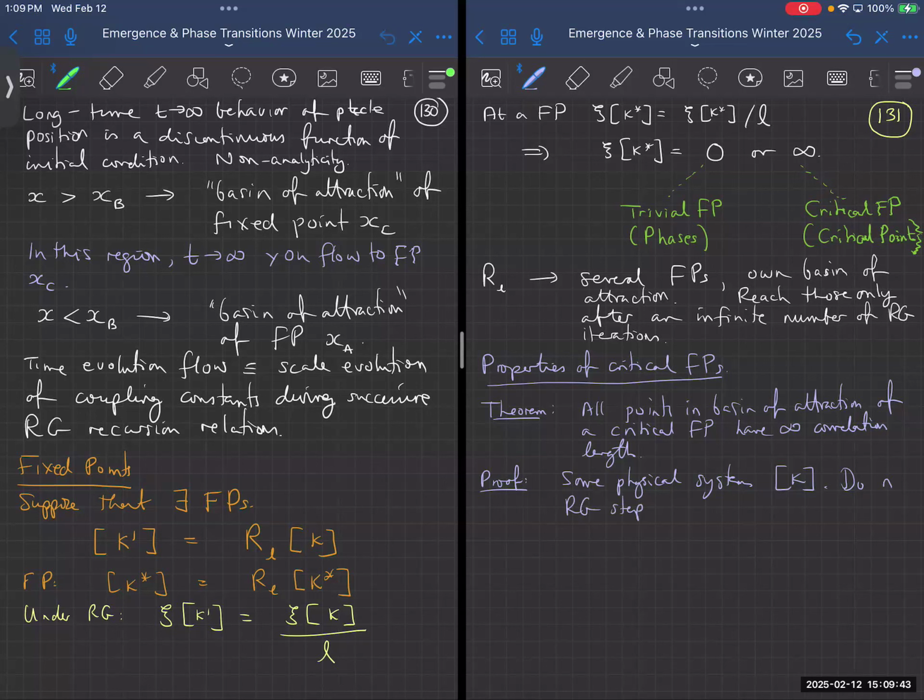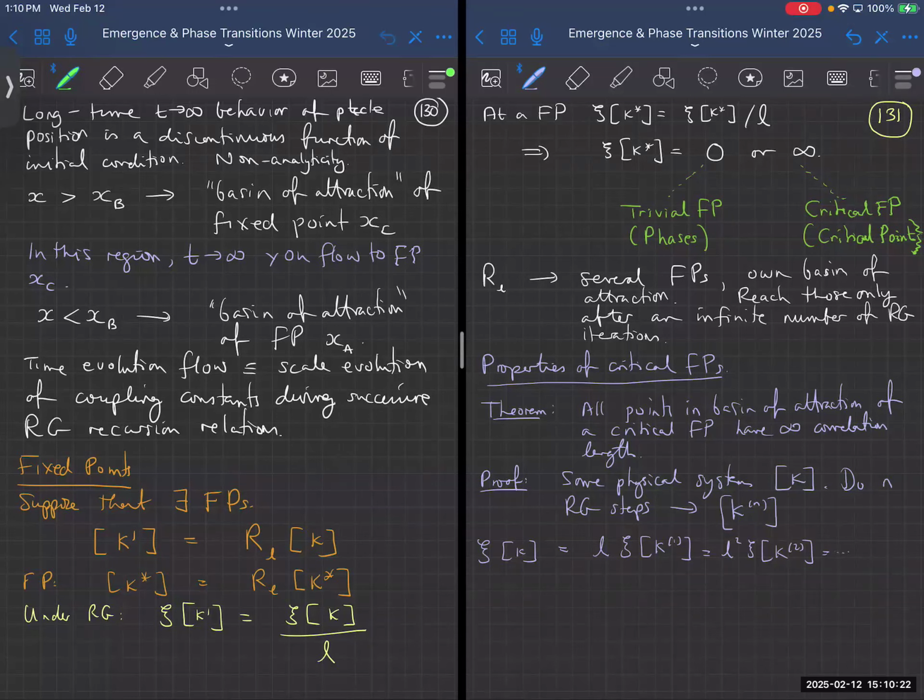of the renormalization group transformation, I'm going to end up with the nth iterate of all of those coupling constants, which I will write like this. So you can imagine that I start off with my system with coupling constants K, and I compute the correlation length of that system. And then I do my RG iteration. The first one gives me L times psi of K1, first iteration. Then I do the second iteration, L squared psi of K2, and so on and so forth.